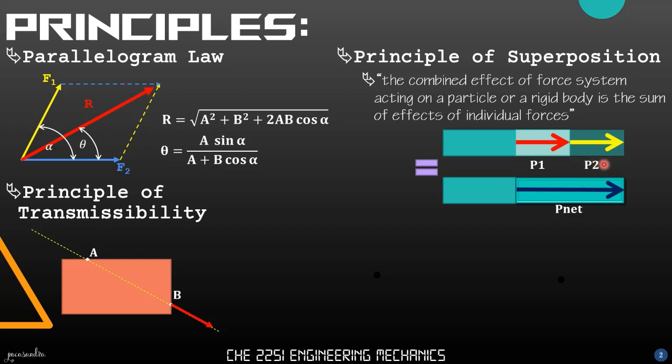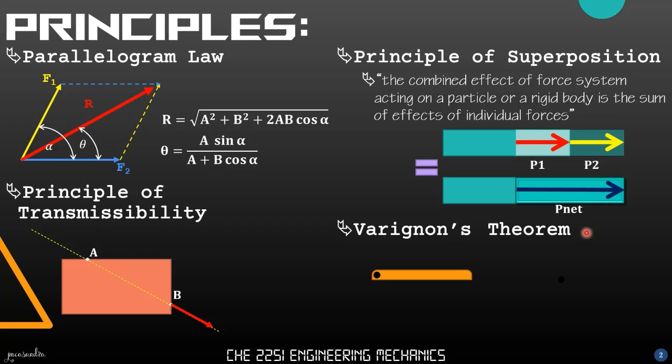Next we have Varignon's theorem, also called the principle of moments, which is almost the same as the principle of superposition, except that it pertains to moments. The combined effect of the individual moments is equal to the sum of the individual moments.